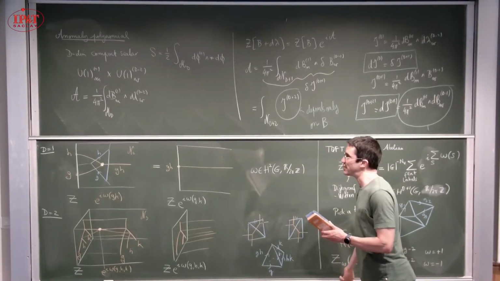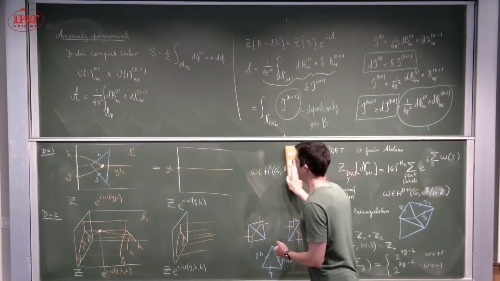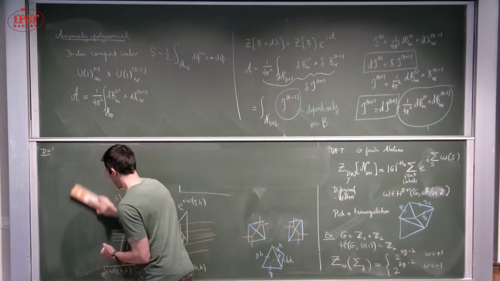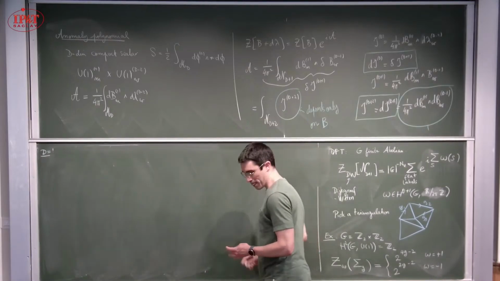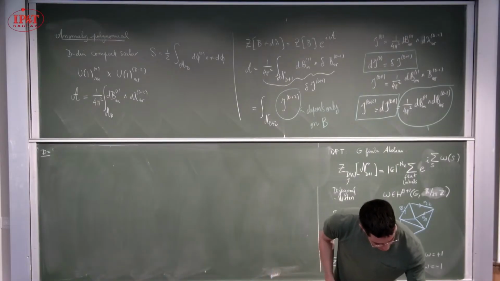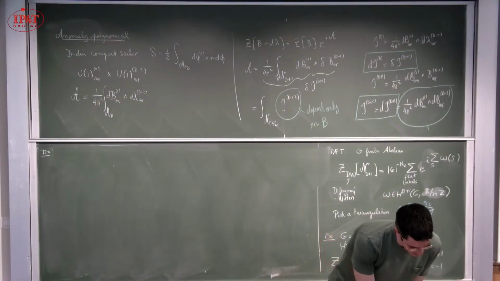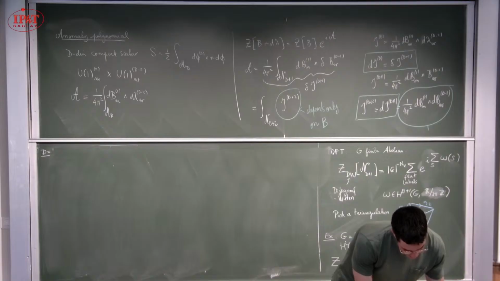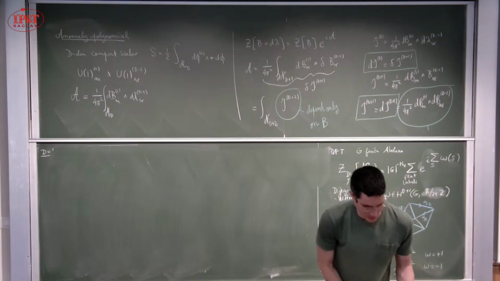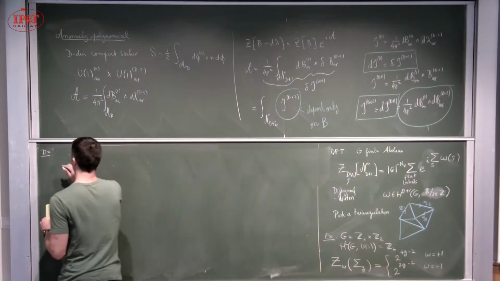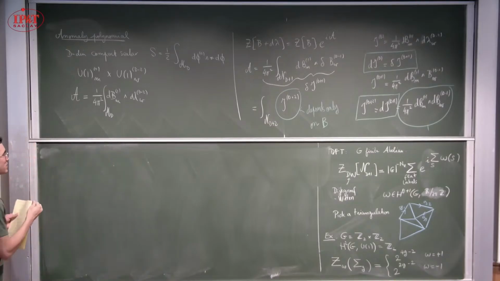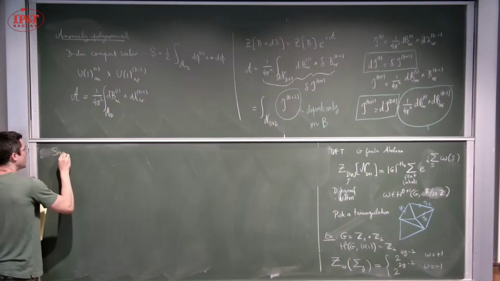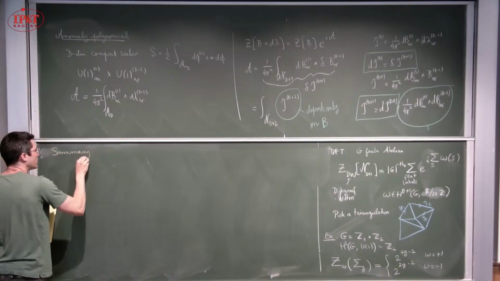In the case of the symmetry, which is U1, the product of U1s, this is the summary of this discussion, which is maybe a bit fun. That's the only thing we will really use.